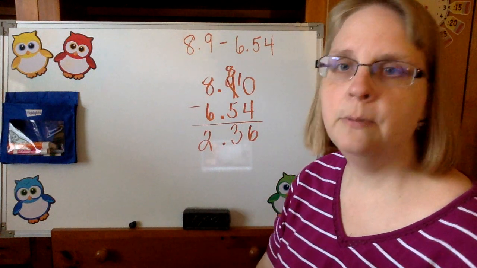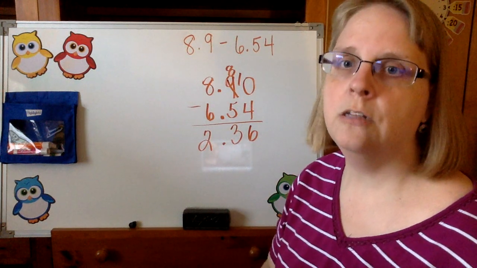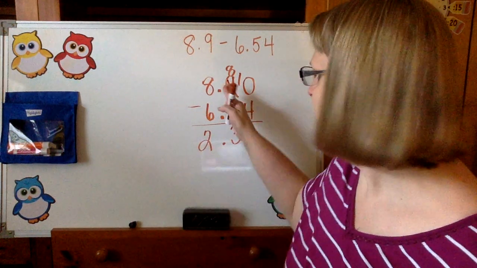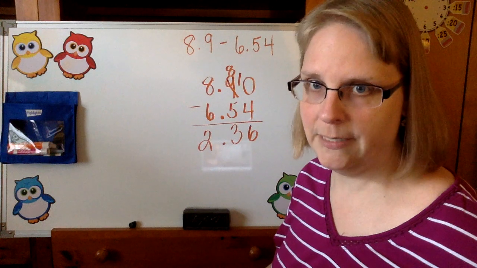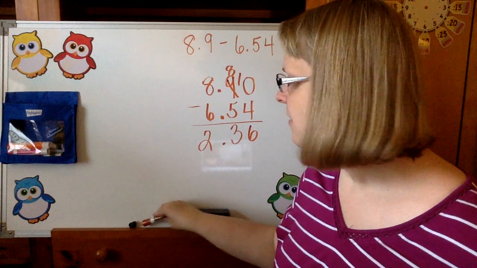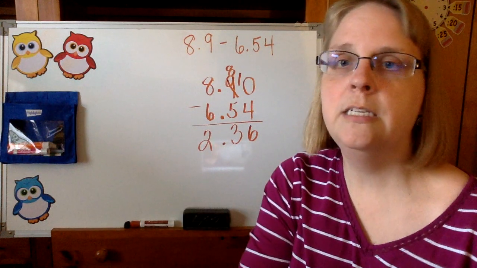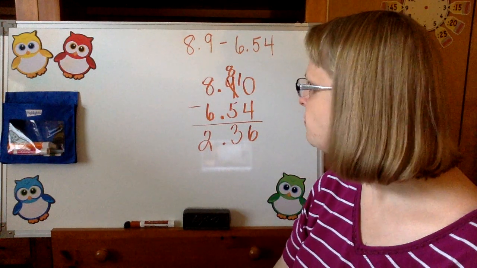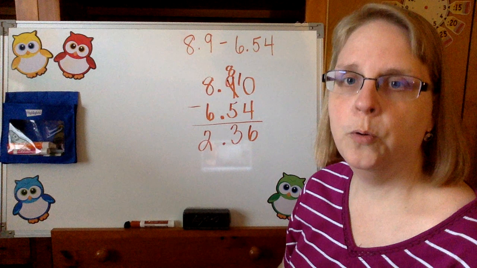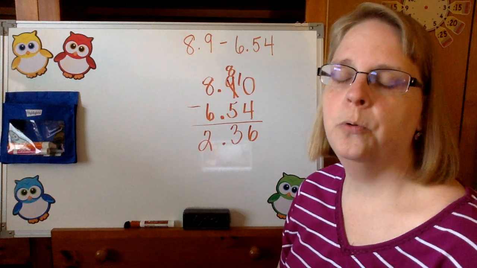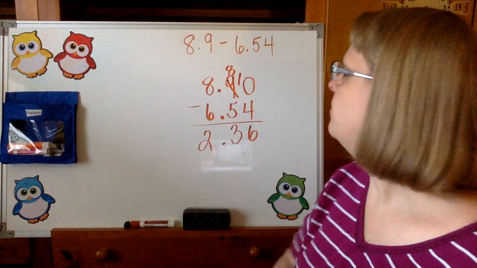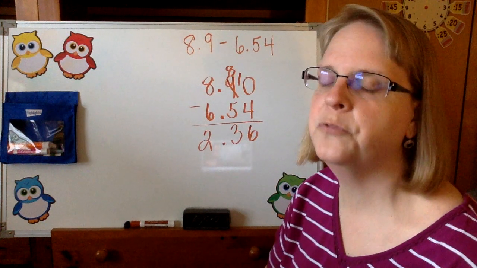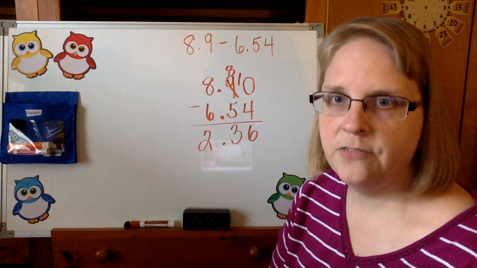So a couple things to keep in mind. Make certain your decimal points are lined up when you're adding or subtracting. If you don't have anything in a place value, because in this case we didn't have anything in the hundredths, you can add zeros after your tenths, and so on and so forth, to provide place value.